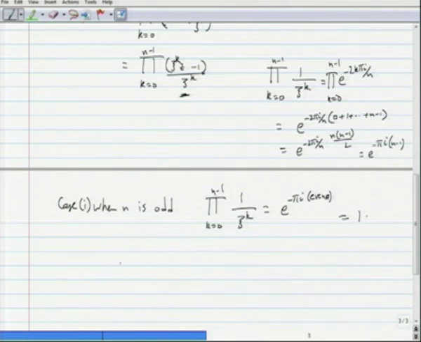So, z power n minus 1 is equal to the product from k equals 0 through n minus 1 of zeta power k z minus 1. These are odd number of factors.